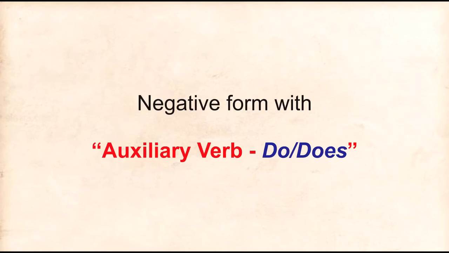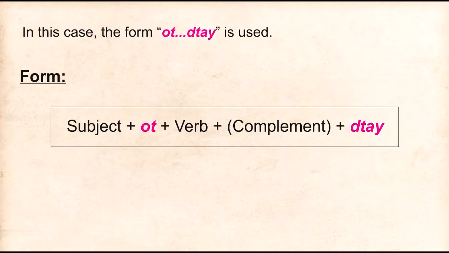Negative form with auxiliary verb do does. Okay, so in this lesson we're gonna learn how to make negative form with do does in Cambodian language.